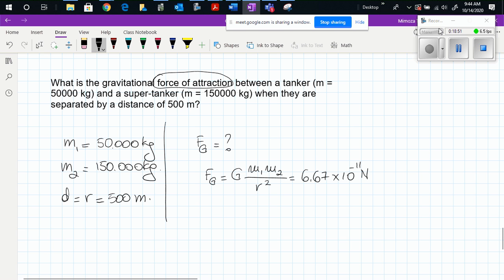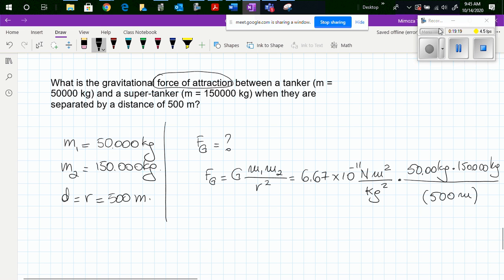And let's write the units here because you will see that they will work out to be cancelled. Times 50,000 kilograms times 150,000 kilograms over 500 meters squared.